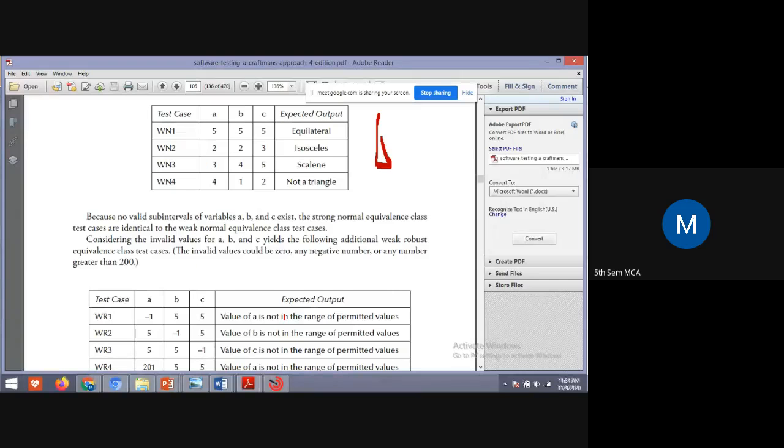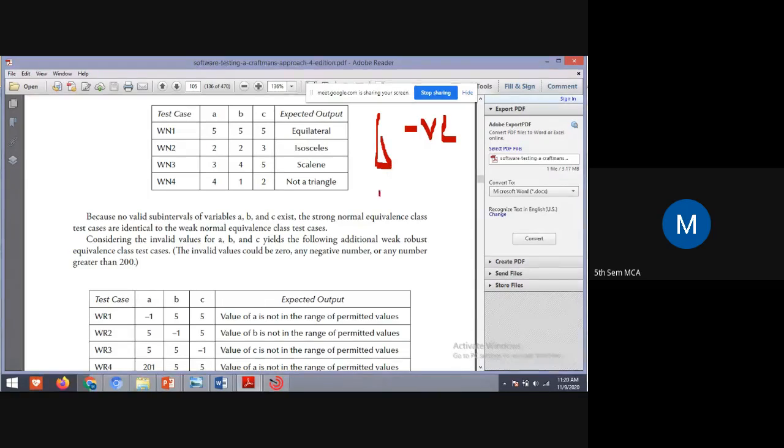The next case, yes, students: when we take the A, B, C values, the value of A should not be a negative value, the value of B should not be a negative value, and the value of C should not be a negative value. All 3 values should be positive values only.